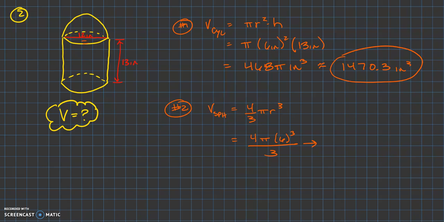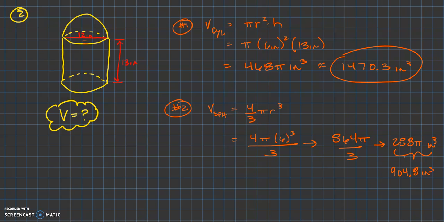So let's execute the math. 6 cubed is 216, I'm going to multiply that by 4 and get 864 pi divided by 3. 864 divided by 3 is 288, and that's going to be pi in cubic inches. And to be consistent, we need to go ahead and multiply pi out.